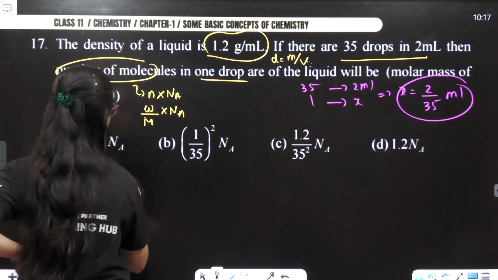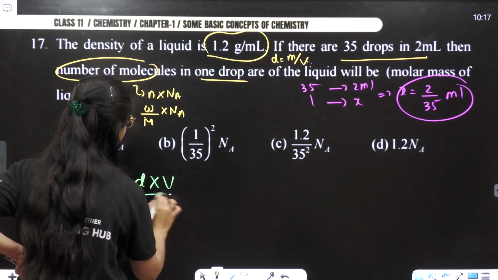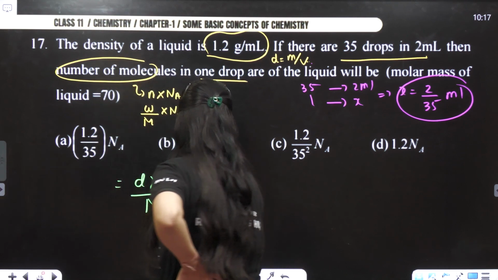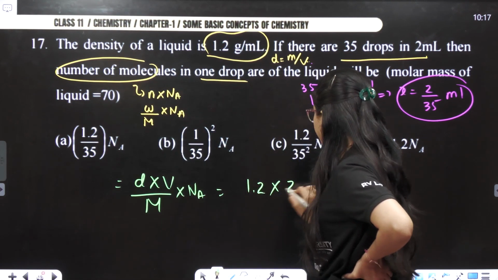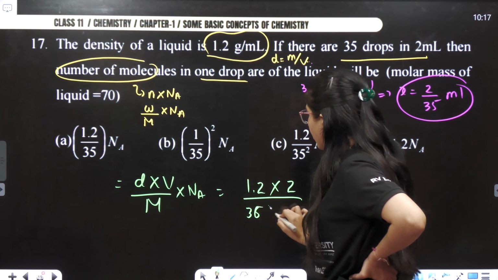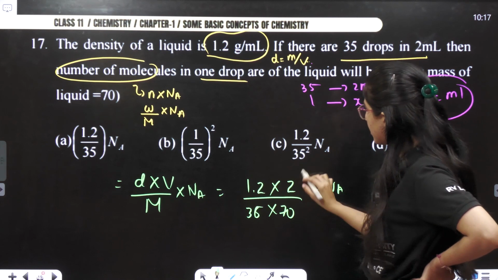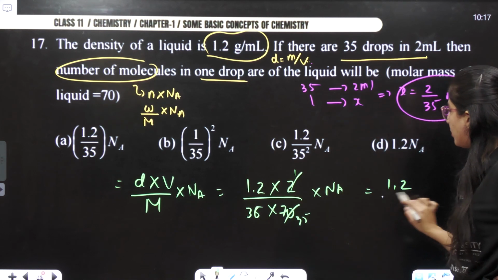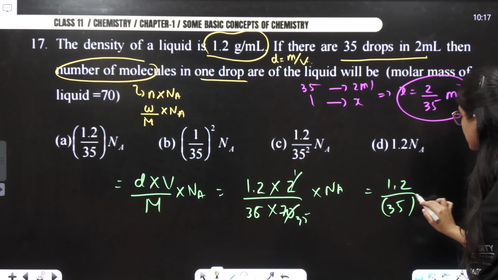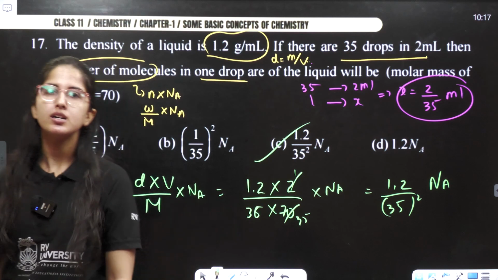So here it will be equal to density into volume divided by molar mass into Na. So density is 1.2, volume is 2 divided by 35 and molar mass is given 70 into Na. So 2 ones are 2, 35 twos are 70. So you can clearly say 1.2 divided by 35 whole square Na. So the correct option will be your option number C.